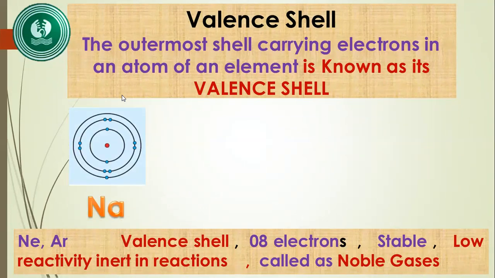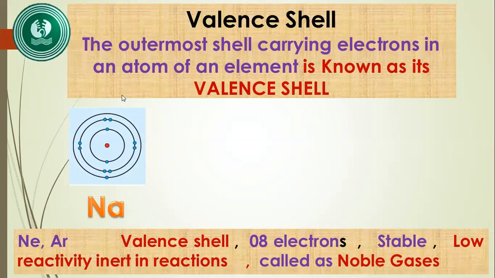We can explain the valence shell using the sodium atom. In sodium, the electron-occupied energy levels are 3, so the last energy level is the third energy level. On it, only one electron is there.